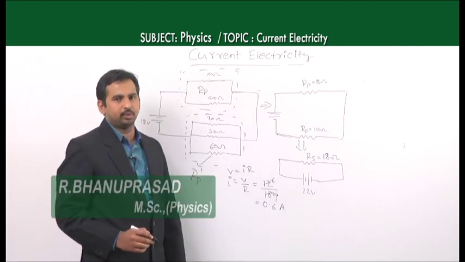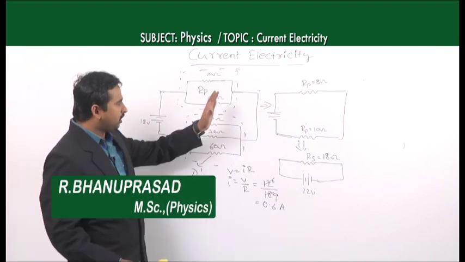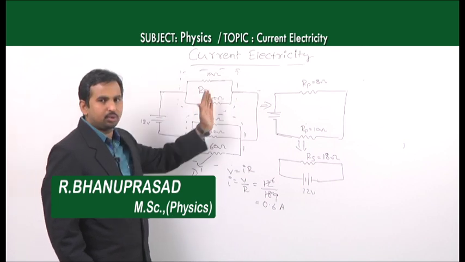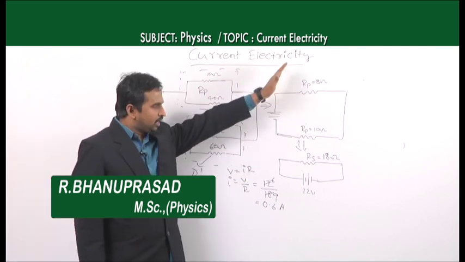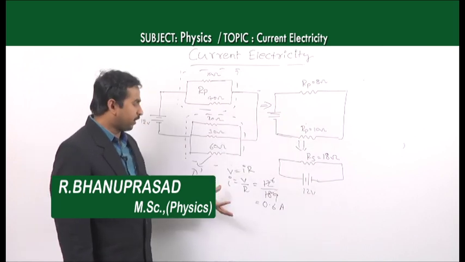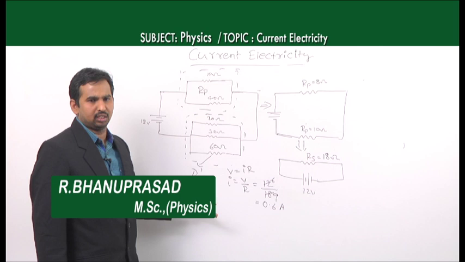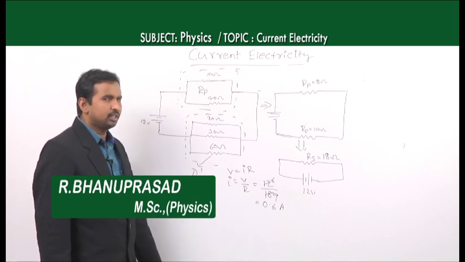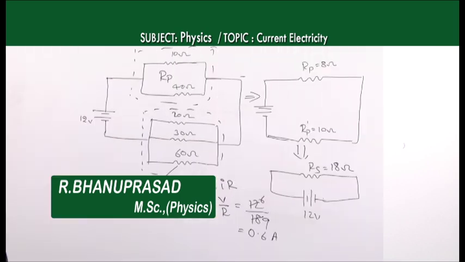So like this we reduce the circuit into a simple equivalent circuit, finding the series and parallel connections, and finally we get the current as 0.6 amperes.